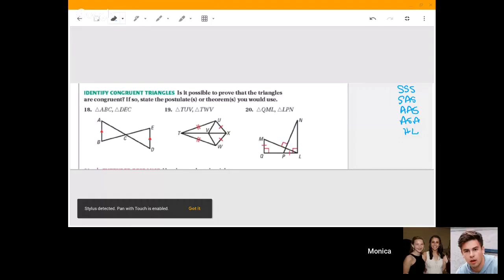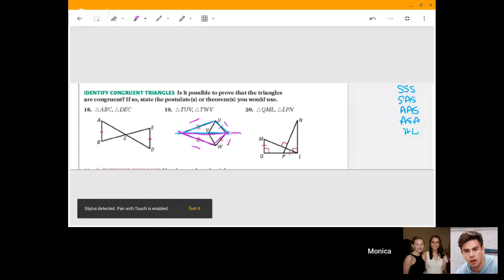So let's think about this. This one's a little bit abstract, okay? Let's look at it like we have this triangle, and then this triangle, okay? Now, we know that these two sides are congruent and that these two sides are congruent.